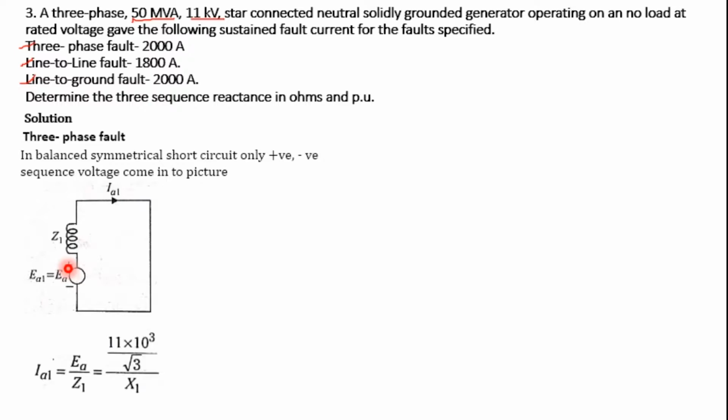From this we can write IA1 is equal to EA1 divided by Z1. What is EA? It is the phase voltage, that is 11 kV divided by root 3. We are considering Z1, or you can consider X1, so we need to calculate X1.